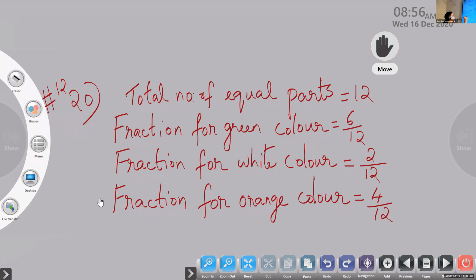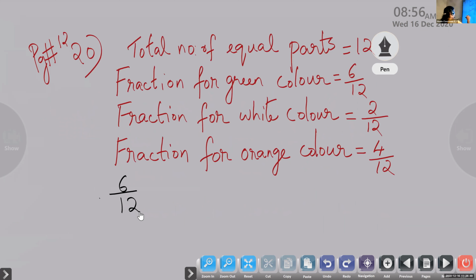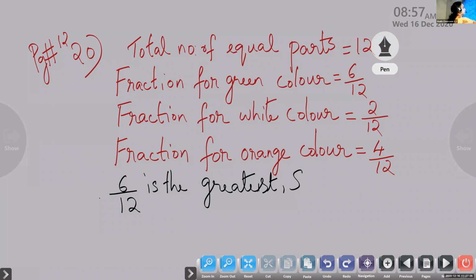Okay, 6 by 12 is the greatest, so green color is used the most.